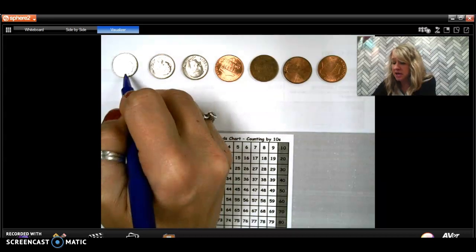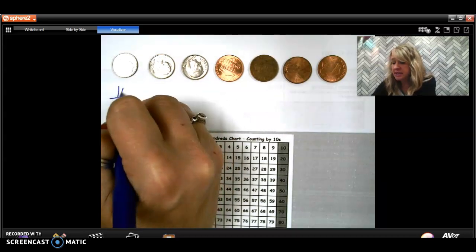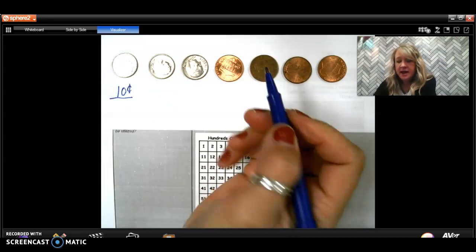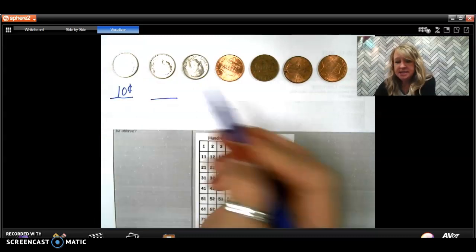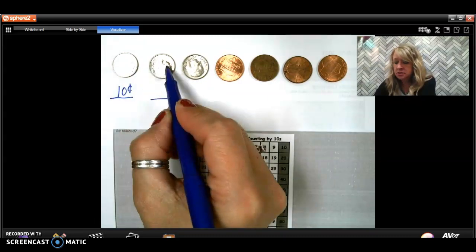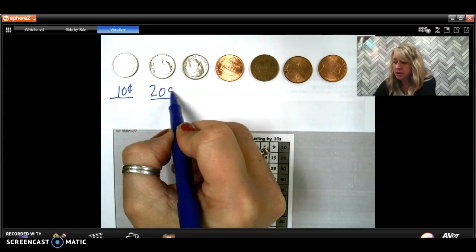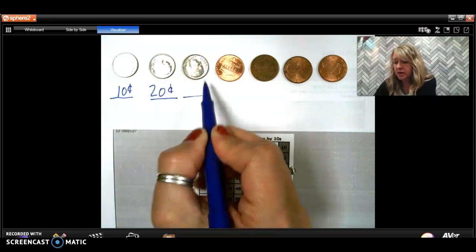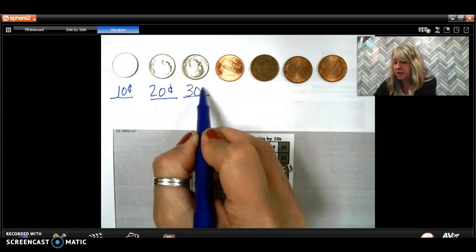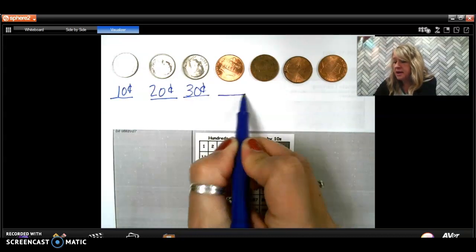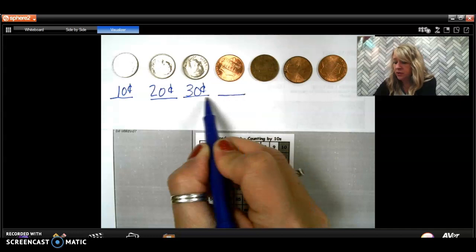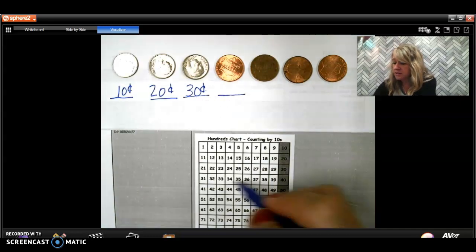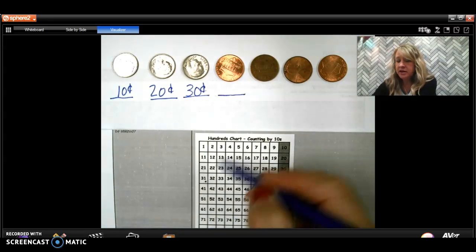This is the way you're going to write that on your paper today. So our first dime was worth 10 cents. And then we count dimes by 10. So 10, 20. Good. You tell me what to write. 10, 20. What's this one going to be? 30. Now we're counting by ones. So 30, what's one space? 31.